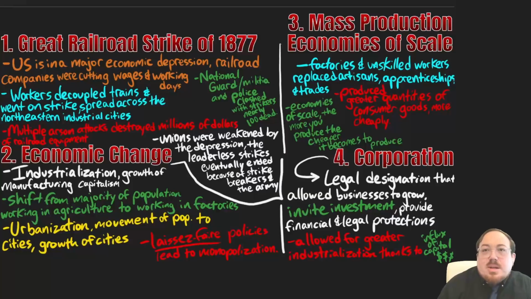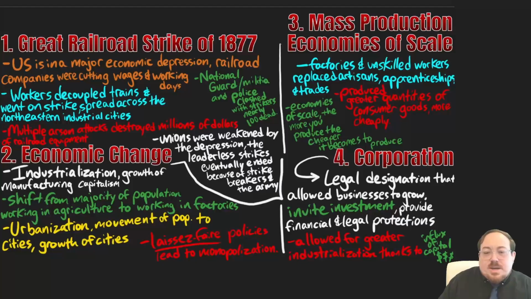We have this big change where we go from the majority of people living and working on farms to now living in cities and working in factories. So we have two major changes: industrialization, urbanization. And so for most of our history, the vast majority of people have been working on farms.